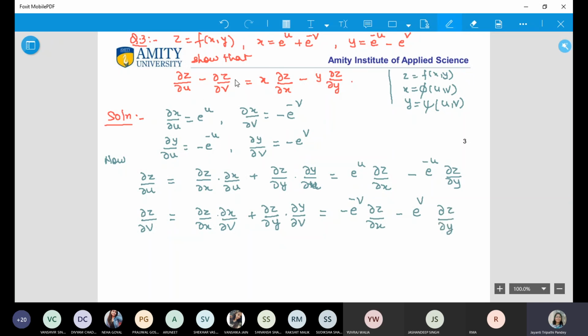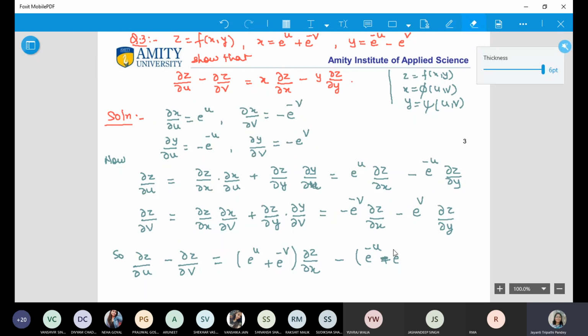Now you need to find the difference. So this minus this will become e to the power u plus e to the power minus v, I am collecting the terms, sorry, this will be minus.